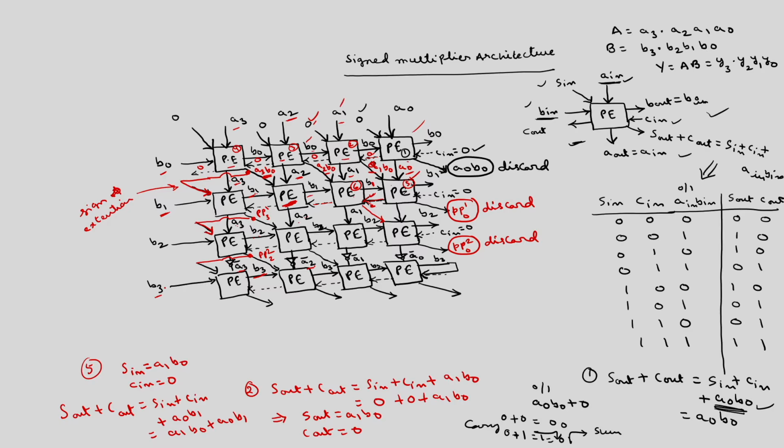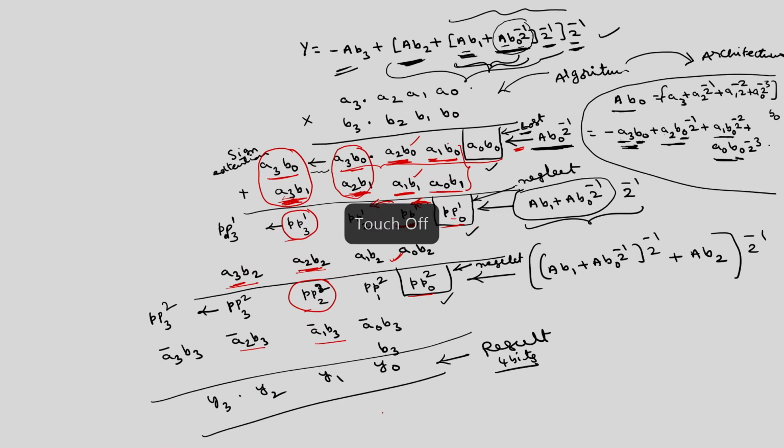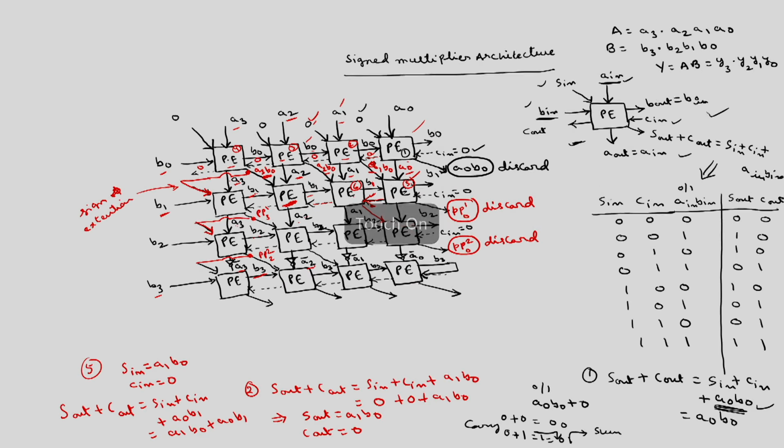Okay. Now, there is one extra term: B3 has to be added along with this PP11, A0 B0, and we have to add B3 also, whose output is Y0. So, this addition of B3 is nothing but, you can see that this is B3.